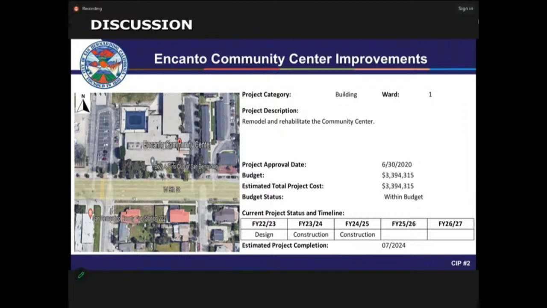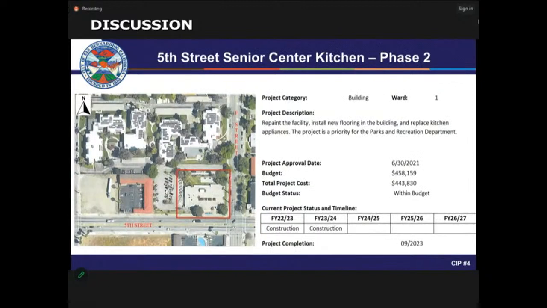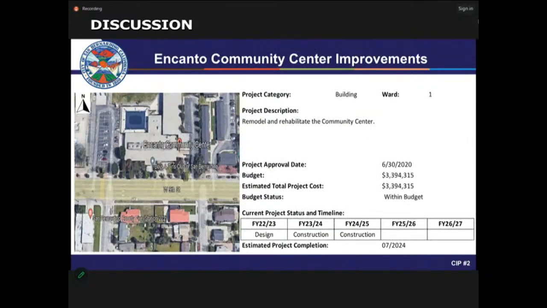And then on the far right is the ward that the project is located in. In some cases, there may be multiple wards, and even all wards that the projects are located in. And then the project description, the project that was approved by the city council, the date it was approved, the budget that was approved for this project, and the total estimated project cost.